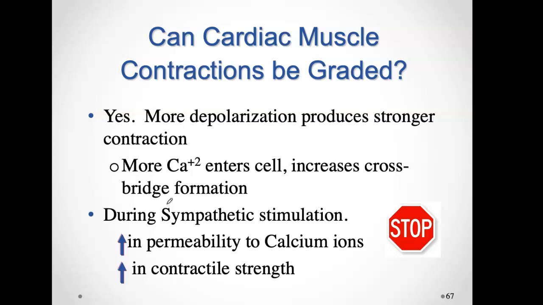The sympathetic is going to speed up that heartbeat, and the parasympathetic is going to slow it down. So doing the sympathetic stimulation, there's going to be an increase in the permeability to calcium ions. So all of a sudden, those calcium ions are coming in quickly. And therefore, that's going to result in an increase in contractile strength.